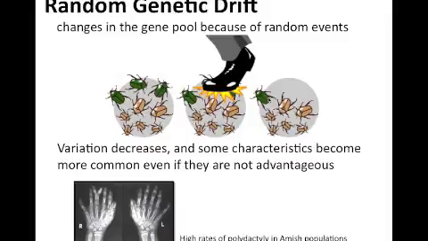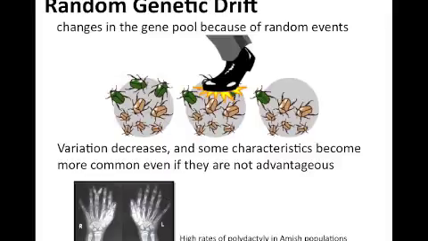So random genetic drift decreases variation within a group, and characteristics can become more common even if they are not advantageous. An example in humans, we can see the high rates of polydactyly in Amish populations. As you know, Amish populations don't tend to grow very much by adding new members from the outside.